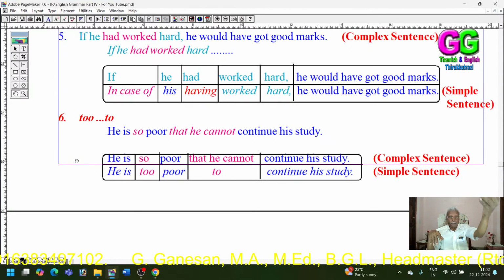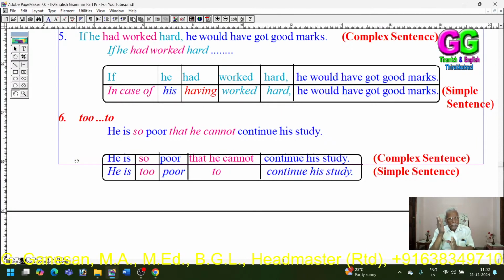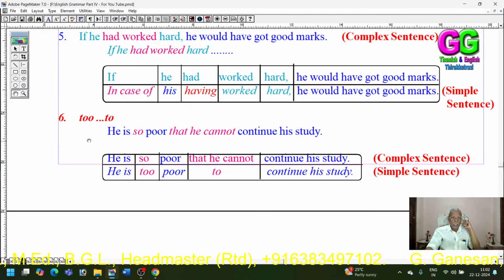I explained three rules regarding converting a subordinate clause into a phrase. But there are some small changes. Here, the subject and verb should be kept as they are, but the conjunction "so ... that" should be changed into its phrase "too ... to". That plus "he cannot" or "could not" should be changed into "to".